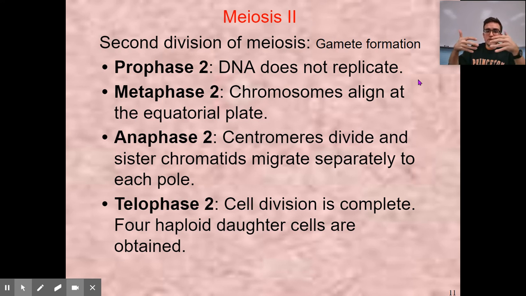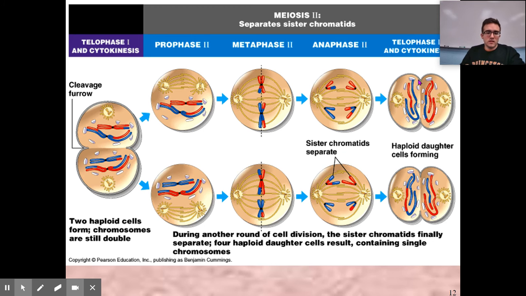Prophase 2, centrioles, again, in each cell, move to the poles. Metaphase, chromosomes will lie at the plates. The spindle fibers attach to the centromere. In anaphase 2 now, this is where the sister chromatids get pulled apart. And then in telophase 2, right, we're done. Great, we get 4 haploid cells.